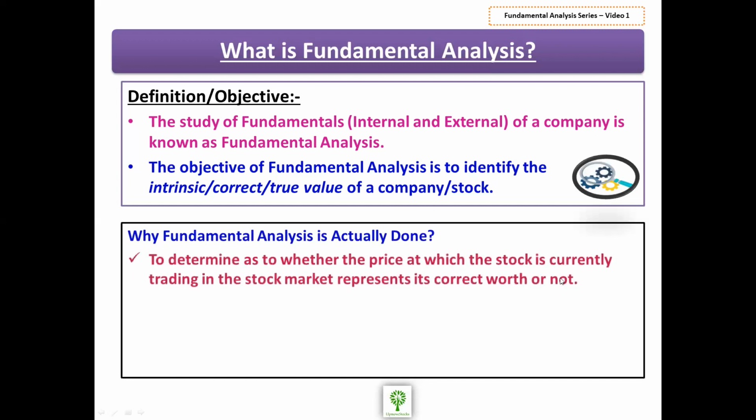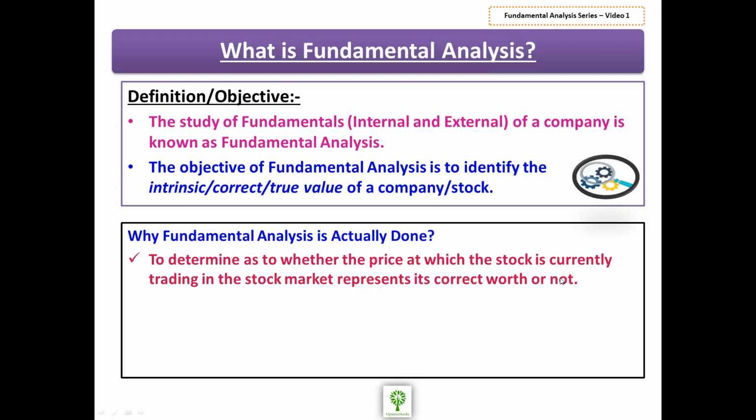Fundamental analysis is done to identify whether the price at which the stock is currently trading in the stock market is correct or not. We will discuss this with an example in the next slide. For now you just need to understand why it is done. It is done to identify whether the price at which you are willing to buy the stock is correct.